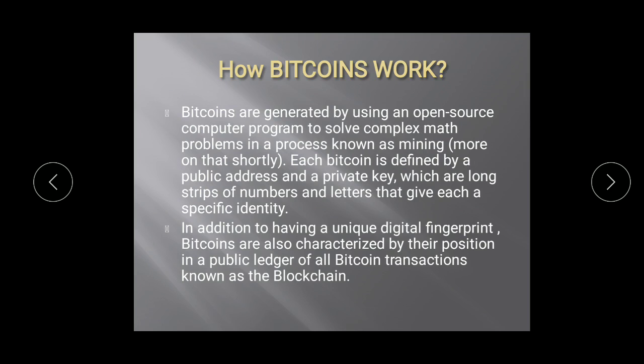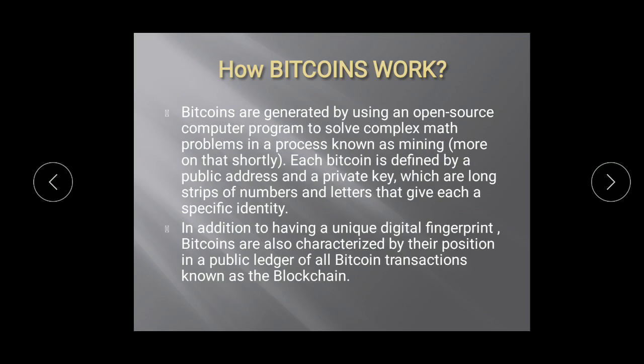As I said, it's a cryptographic protocol, so obviously it works with programming. It's open source, meaning anybody can use it freely to solve complex math problems in a process known as mining. Through mining, that is, digging up the data over the processes and then giving you a math solution for a particular open source program, is called Bitcoining.